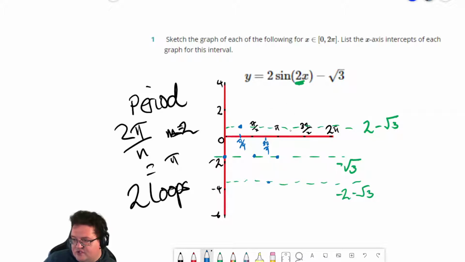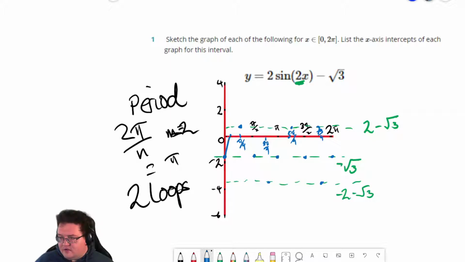And then it's going to do the same thing again. That's at 5 pi on 4. 3 pi on 2 is going to be back to there. Down here at 7 pi on 4. And then back to the center there.